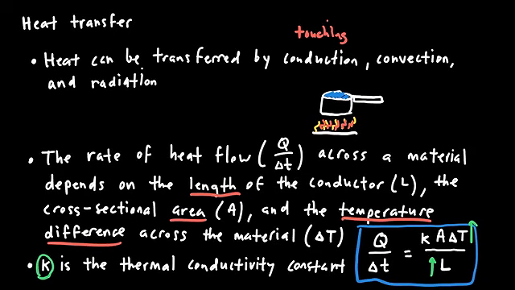And then obviously something that we really need to know is that if something has a higher thermal conductivity, then it's going to be doing a much better job of transferring heat across it. And so if I have 5 different metals and I keep the ends of each of the rods at the same temperatures in some creative way, then the ones with higher thermal conductivity will transfer the heat across them more quickly.